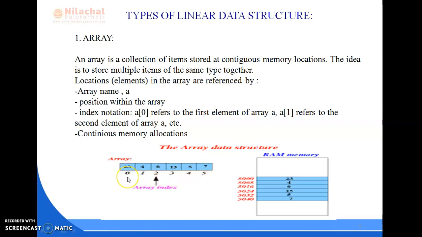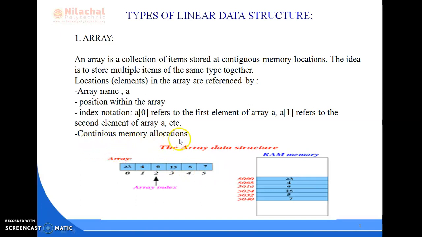These are also known as array indexes. The index notation can be written as A[0]. A[0] refers to the first element of the array. Similarly, A[1] refers to the second element of the array named A.